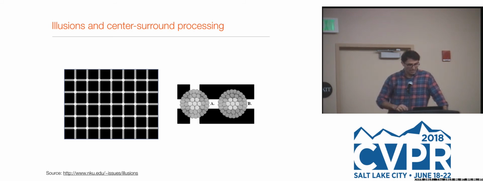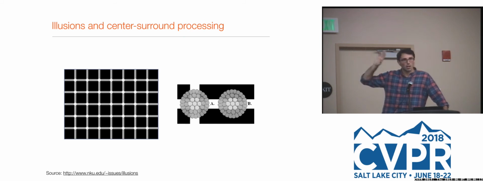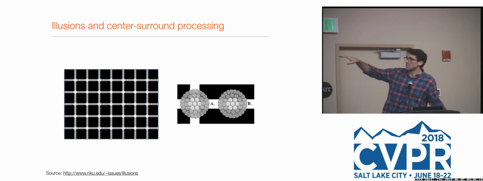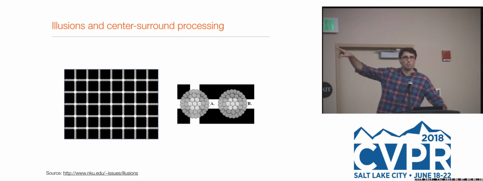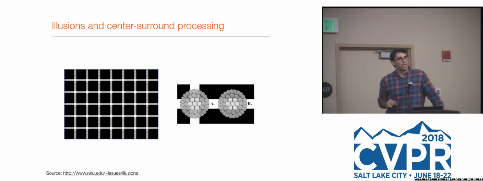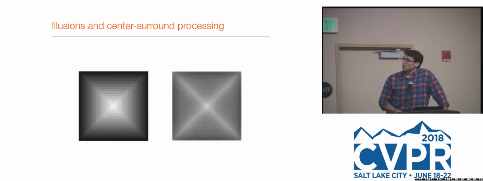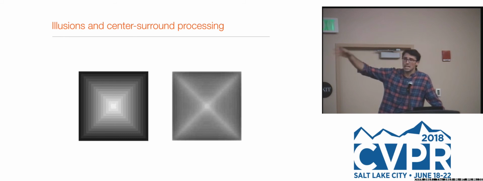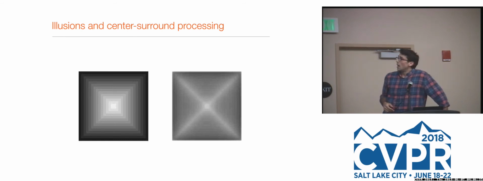Again, this is thought to emerge based off of, and this is pretty old work, and there are more complex explanations for this now, but it's thought to emerge based off of just the location of these on-center, off-surround cells and how they interact with the stimulus. Another example of this, hopefully you can see that, is there should be increased intensities along the diagonals here.